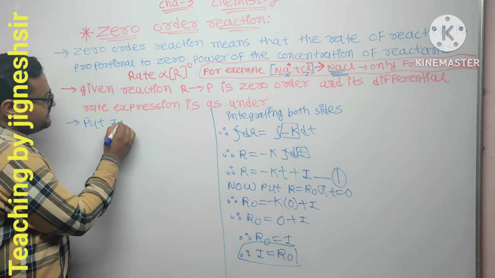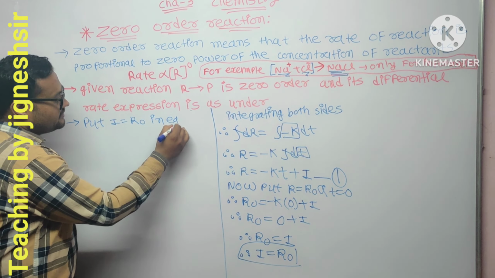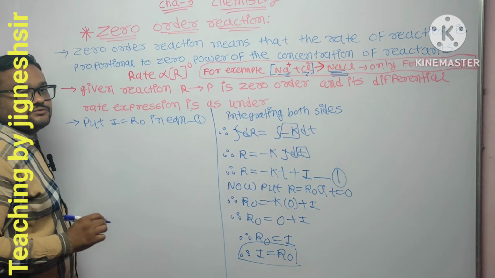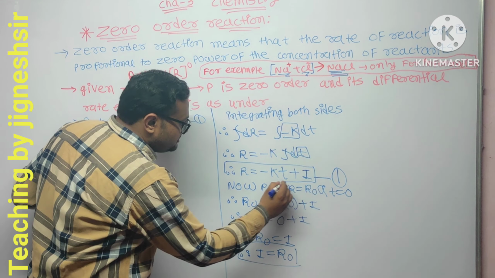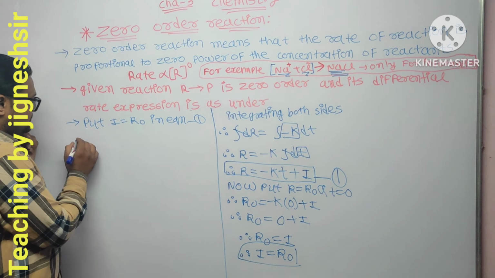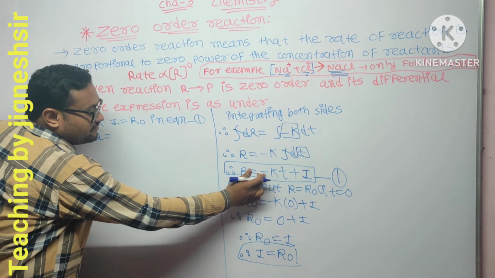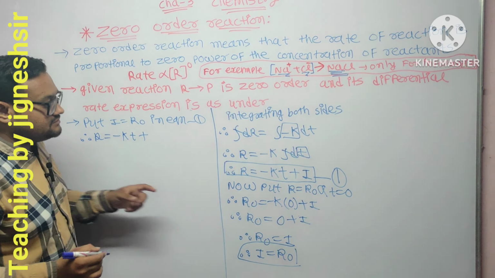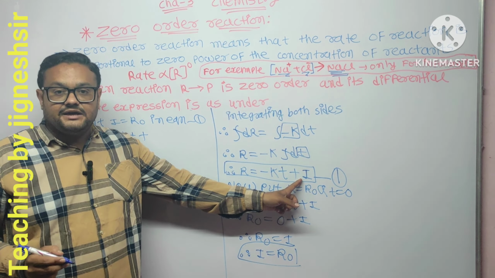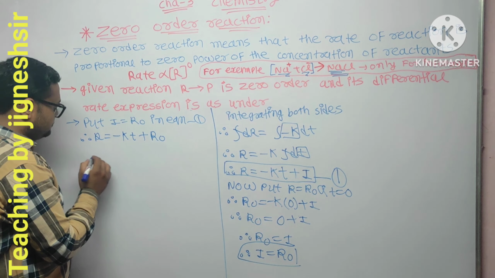Put I is equal to R0 in equation 1. This is equation number 1. Therefore R is equal to minus Kt plus I. Put the value of I, that is I is equal to R0.